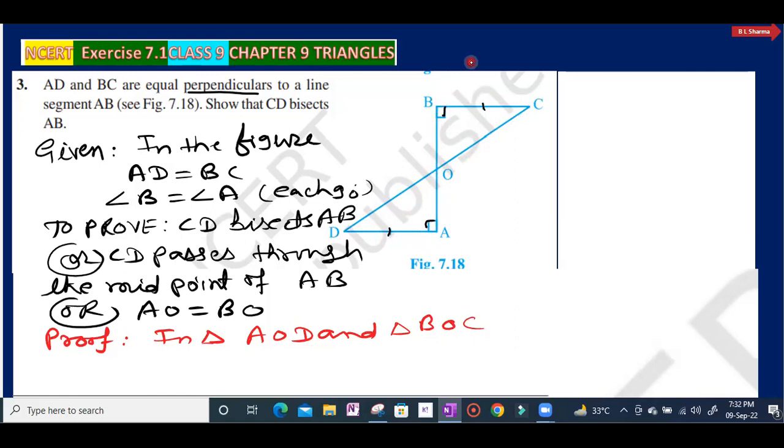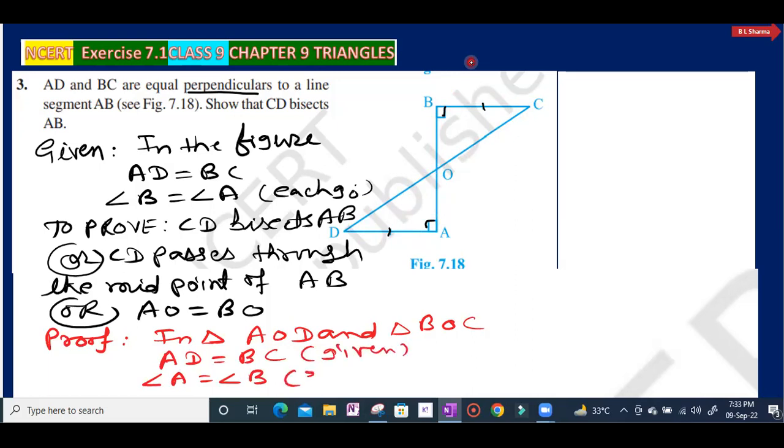It is given AD is equal to BC. It is given. It is also given angle A is equal to angle B. That is given. This is each 90 degree. This is also given.